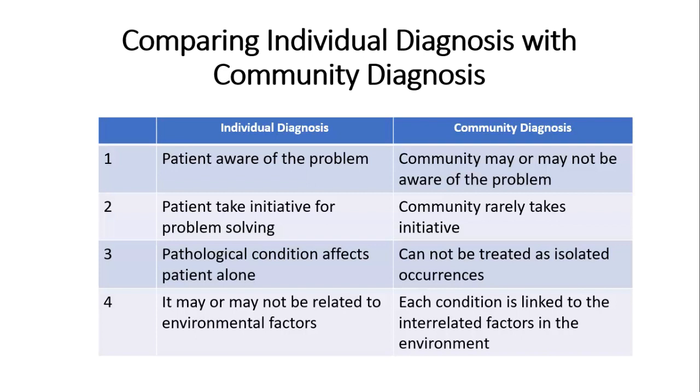So individual diagnosis may or may not be related to environmental factors, whereas in community diagnosis, if we analyze, we will see that each condition is linked to interrelated factors in the environment. As I said, I gave the example of fluorosis.